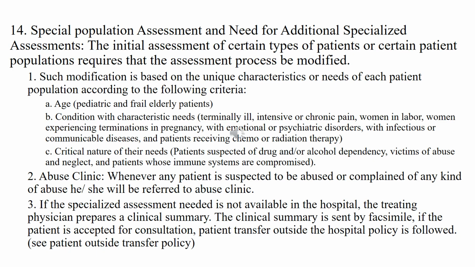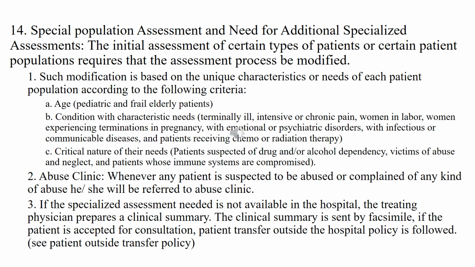Such modifications are based on the unique characteristics and needs of each patient population according to the following criteria. A. Age: pediatric and frail elderly patients. B. Condition with characteristic needs.